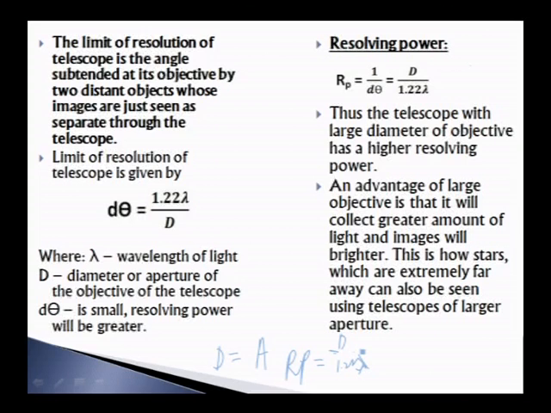Whereas, suppose we have a radio telescope, which is used to see distant stars, whose aperture size is in terms of meters, maybe around 30 meters, 50 meters and so on.